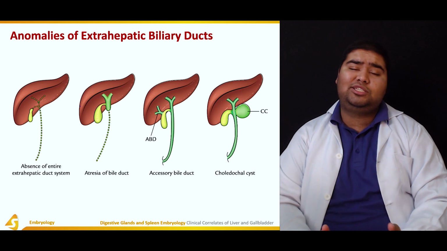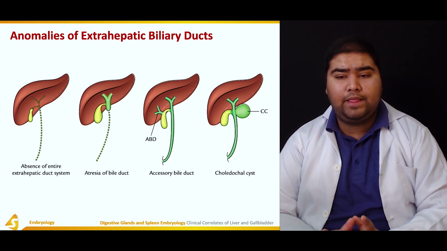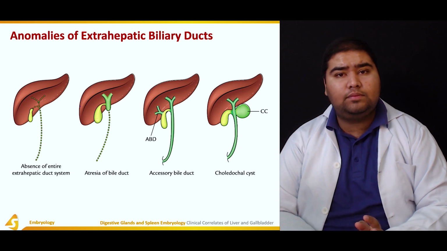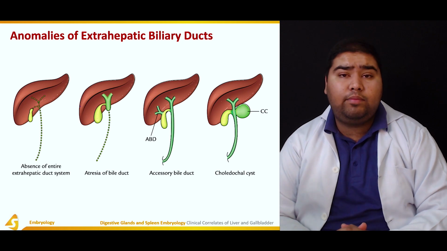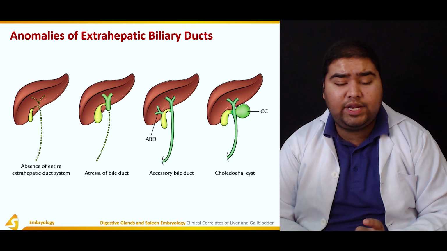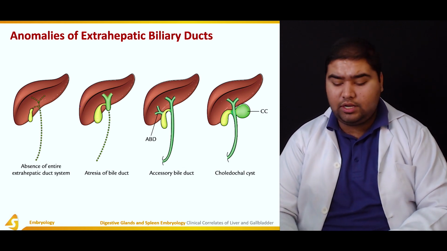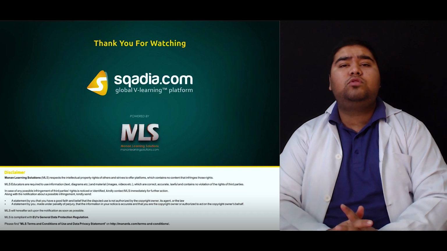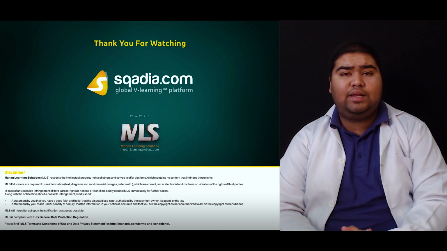Choledochal cyst is actually an area of thinning within the bile duct that forms a cystic swelling. It can sometimes accumulate 2 liters of bile and can be a site of pressure, and this pressure can finally obstruct the biliary tree. So this was all about the clinical anomalies of the gallbladder as well as the liver.